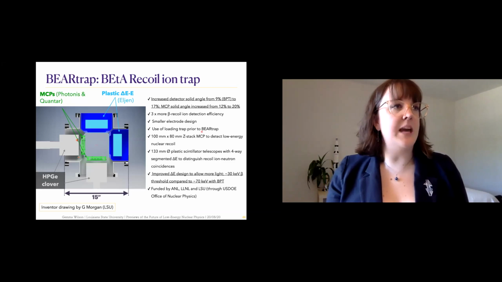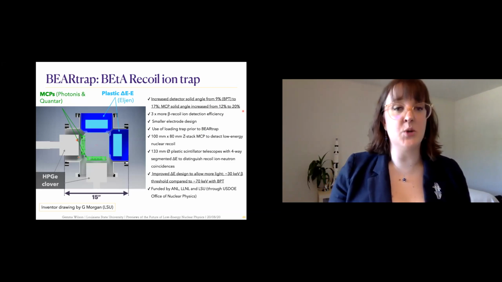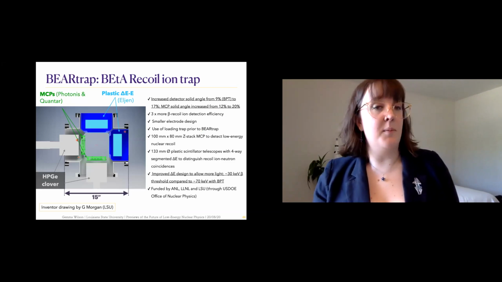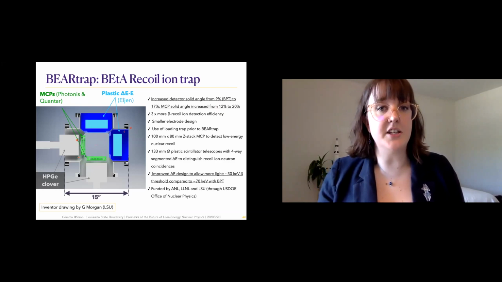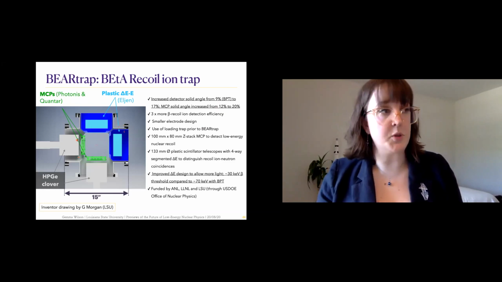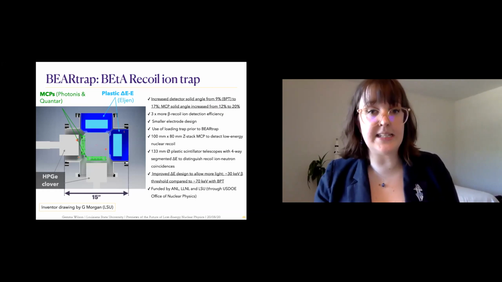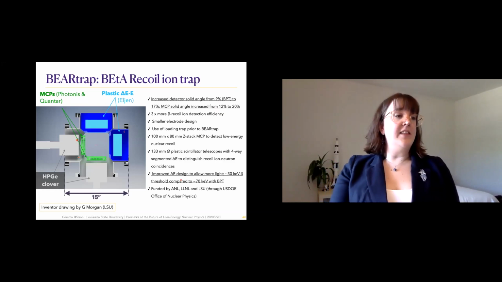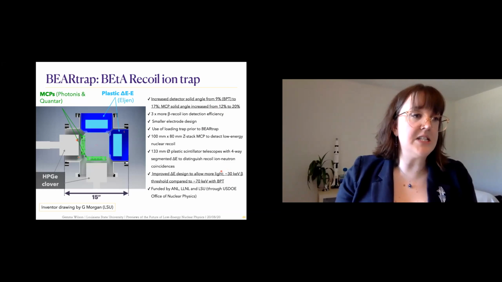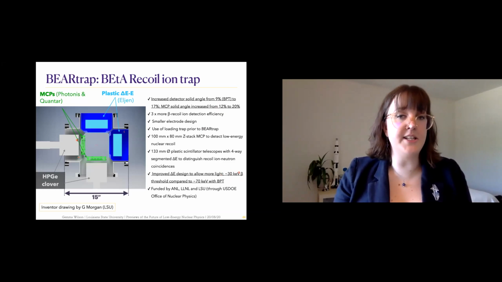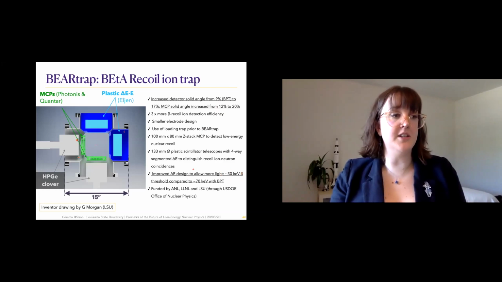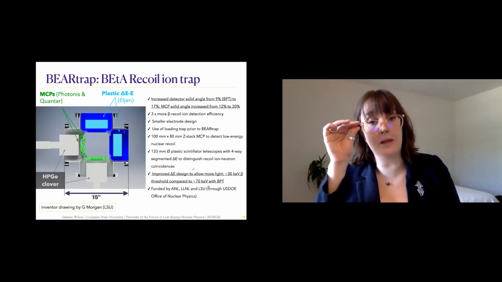So the solid angle for the MCP is increased from 12% to 20%. We have plastic delta E detectors again, and the solid angle is also increased with segmented delta E's. And we've improved the design so we can lower the threshold. So it'll have a 30 keV beta threshold compared to the 70 keV we were using before with the BPT.